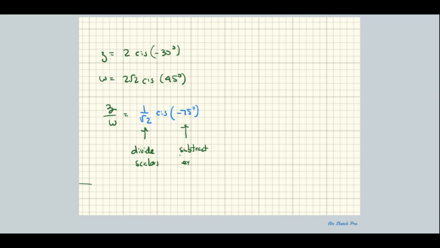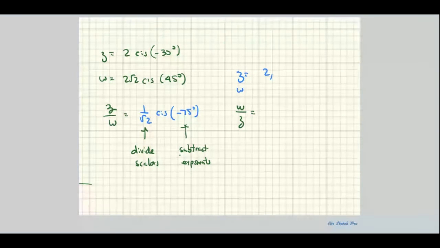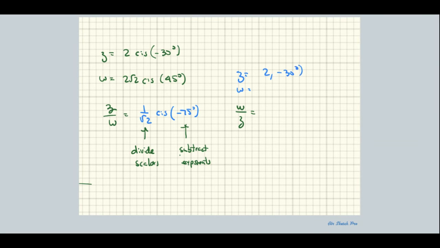Obviously, z times w is the same thing as w times z, right? But we can figure out what w divided by z is as well, right? And here, now, I'm going to write this again up here. This is in the form 2 negative 30 and 2 root 2 45, right?